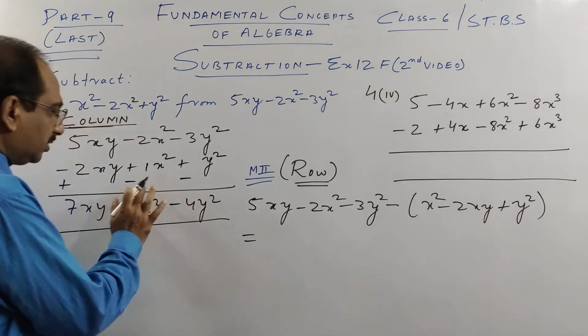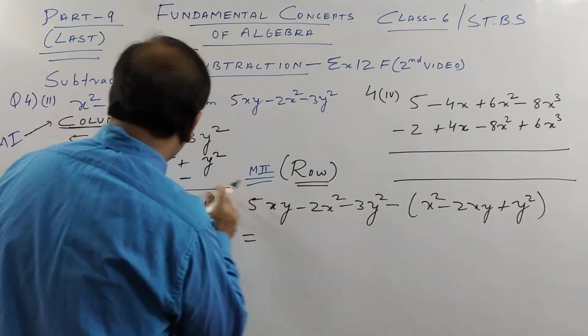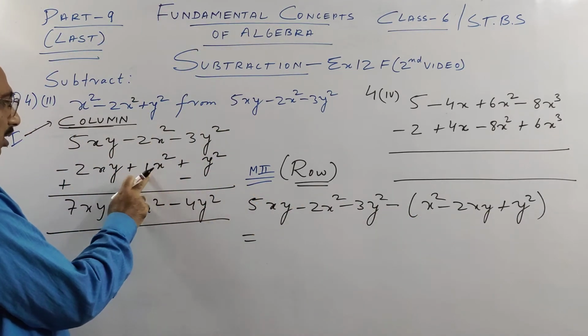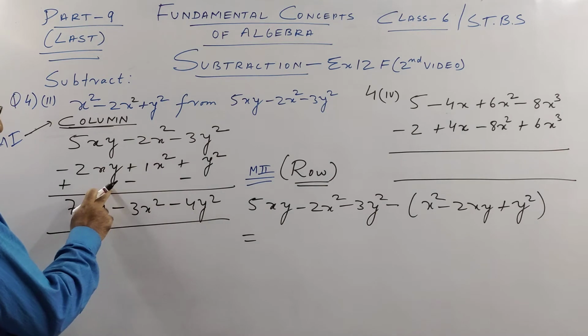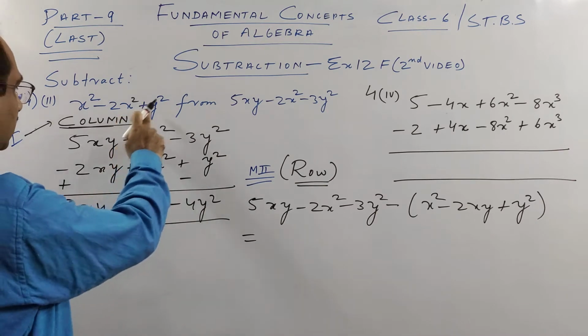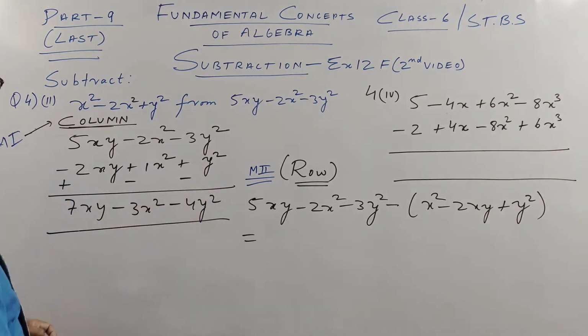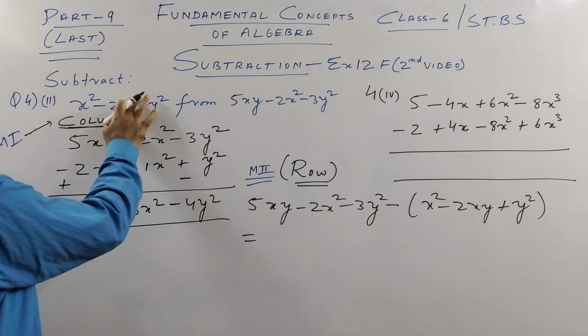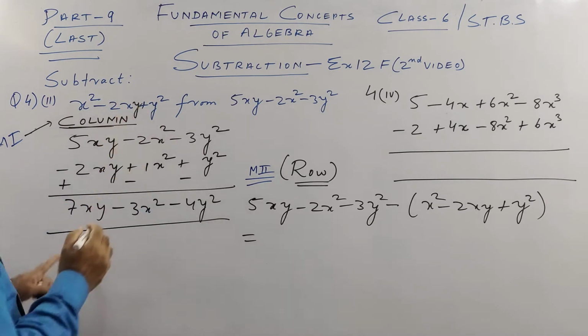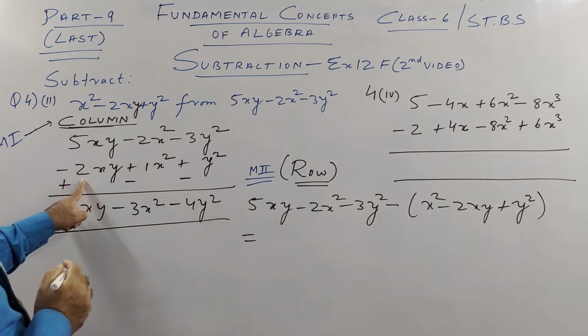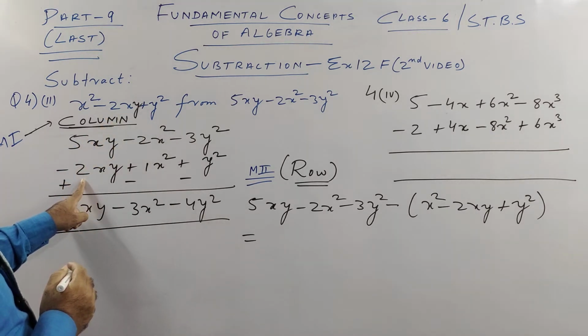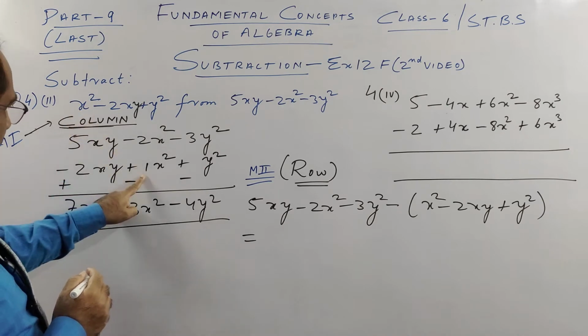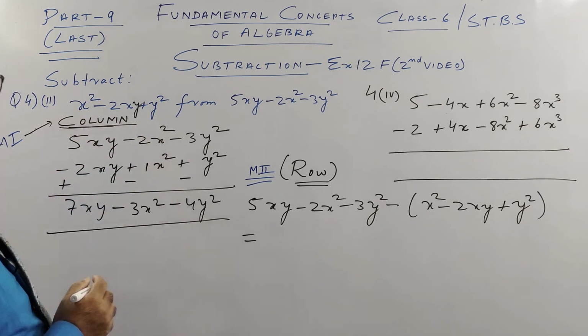Now the same sum, but one small difference is there children. The question was the lower one. I have changed the order. If you see, subtract this from this, I have put 2xy over here first. Then we have the x term, then we have the y term.